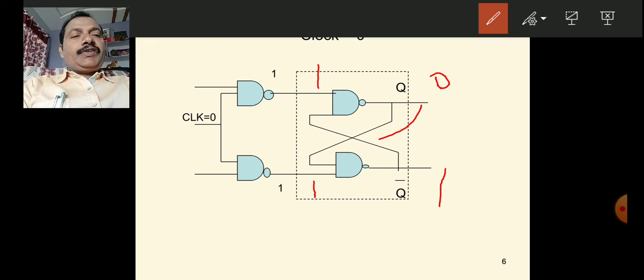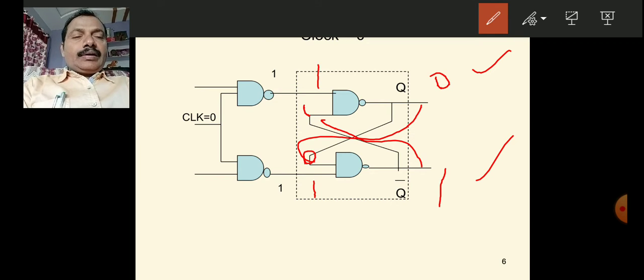This 0 is fed back here and this 1 is fed back to here. So this is 1, this is 0. Now you can easily determine the output. 1 1 output is 0 only. 0 1 output is 1 only. That means the assumed state is valid and retained by the flip flop when clock is 0.